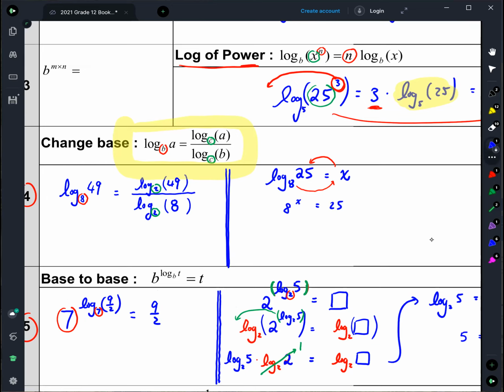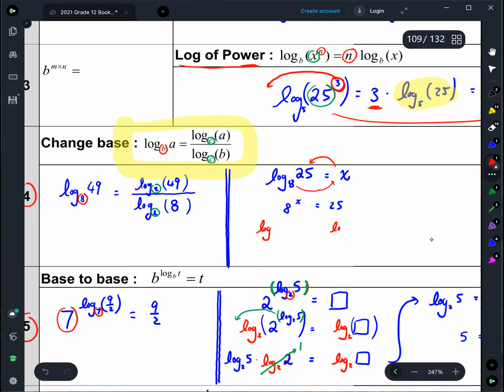Nothing changed, I just rewrote the form. They are still the same thing. What's new is we are going to take log on both sides. We've done this before, on the last page.